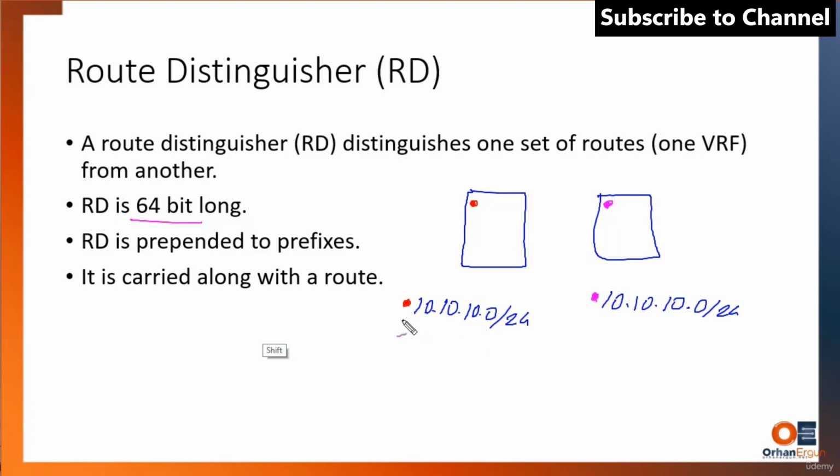And this is going to be carried along with the route, but like I said, most of the time we call this locally significant. It means that in transition, it doesn't do anything. We prepend it to the prefix, and we send it to other routers so that they know that, again, this belongs to this specific routing table.